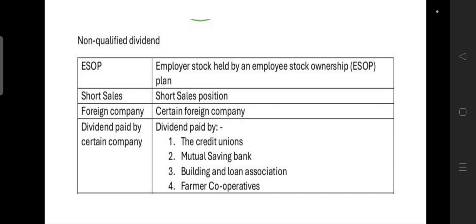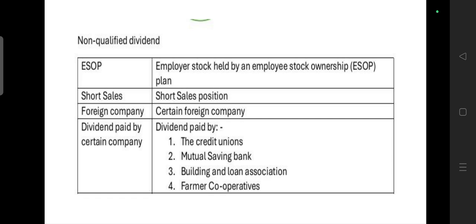Now we will go into the non-qualified dividend. On these dividends we have to pay a higher tax rate. First, employee stock ownership, or sweat equity in other words. Employees work hard, that is their sweat. The company earns profit. So what will the company do?